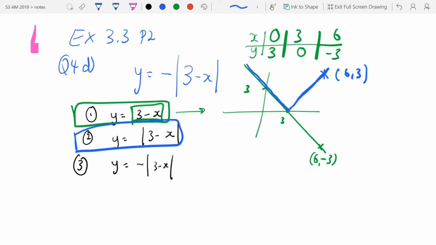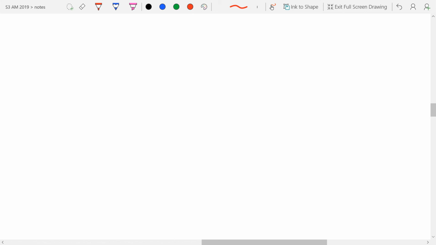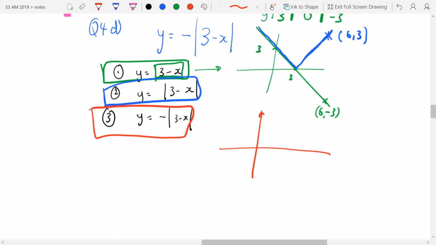Maybe I choose to draw another one. If I have the axis here, looking at the blue one, zoom out a bit. Now, if minus, it means I will reflect the graph on the x-axis. I don't care whether upward or downward. Look at the blue graph.